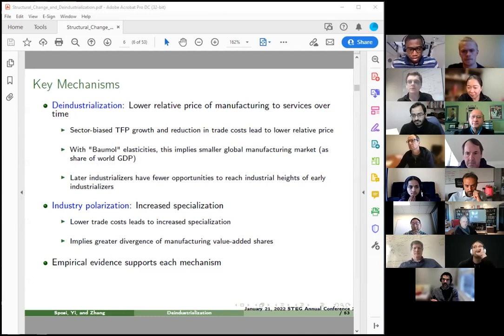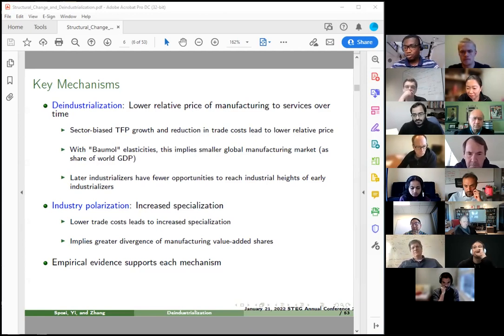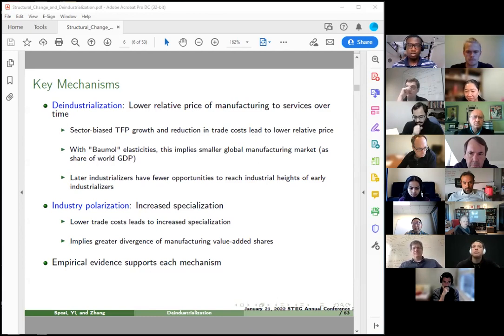Hi, Michael. Thanks for the nice presentation, and this is a really nice paper. I have a quick question. In the paper, you define the manufacturing sector as manufacturing, mining, and utilities. And in one of your key mechanisms, the relative price of manufacturing leads to the quantitative outcomes.